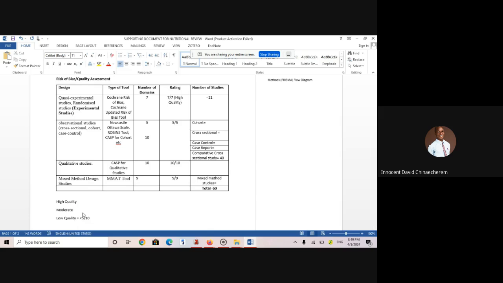Moderate signifies studies that are from 5 over 10 to maybe 6 over 10. Then for high quality, we can say studies that are greater than 6 over 10, so that implies studies rated from 7 over 10 up.